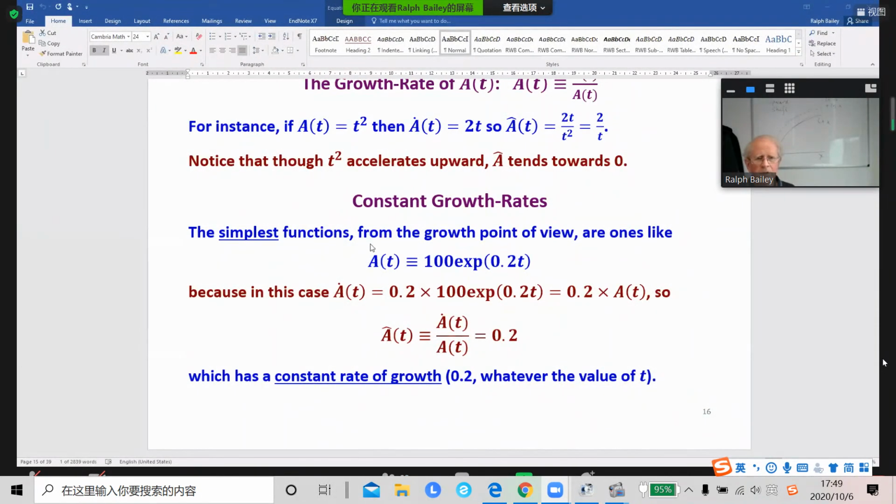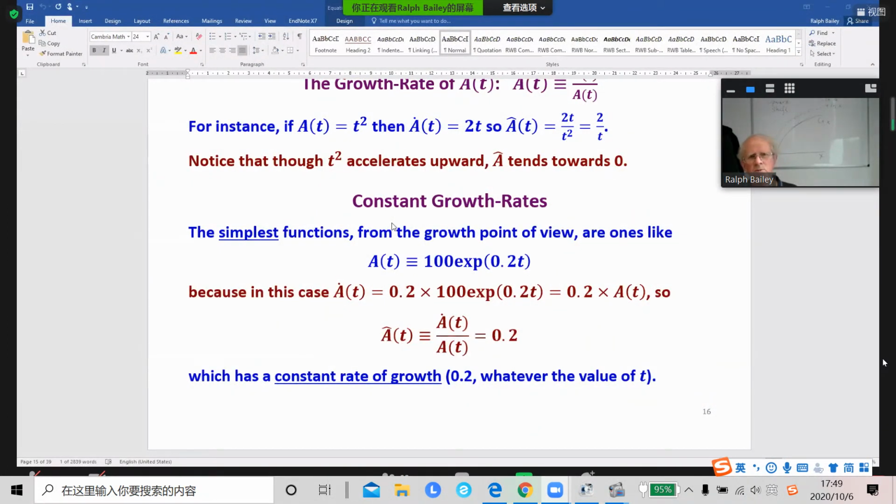An asset attracting a fixed rate of interest will grow at a constant rate. It won't increase at a constant rate, but it'll grow at a constant rate. Or of course, a virus infection in an infinite population.